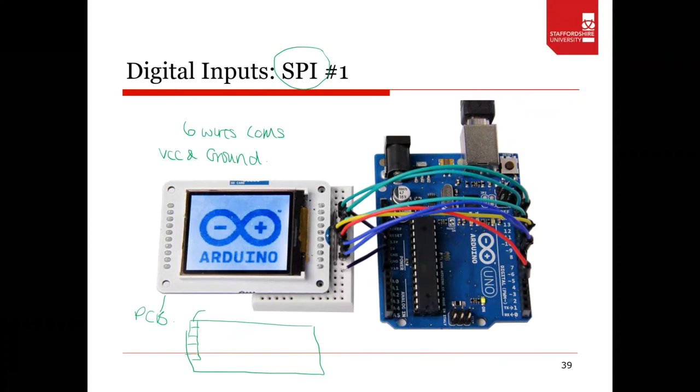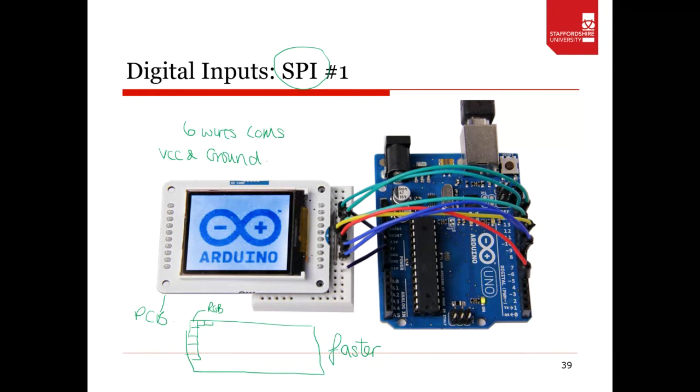Imagine sending the RGB values for every single pixel in every single row and column serially. That would take a long time. So we need to use a different protocol that is faster in order to change that display and update.